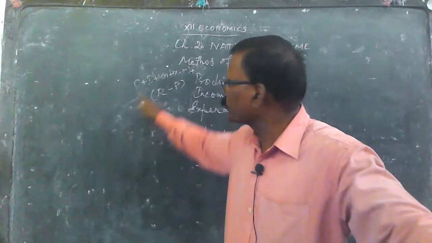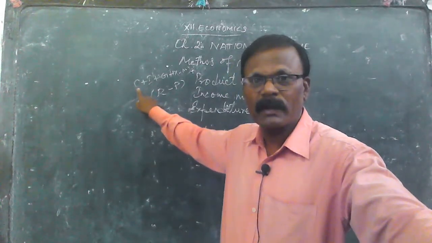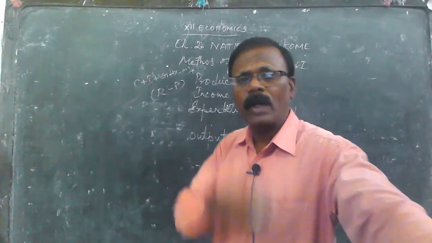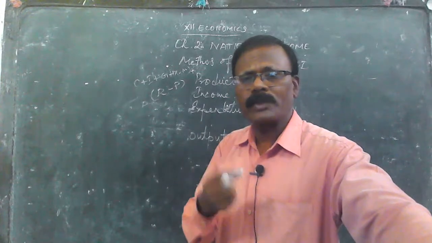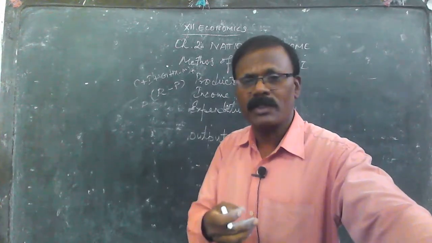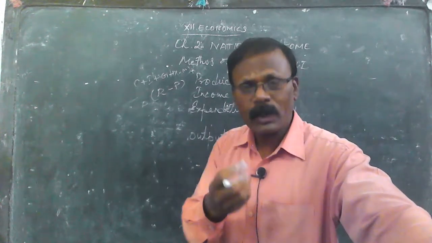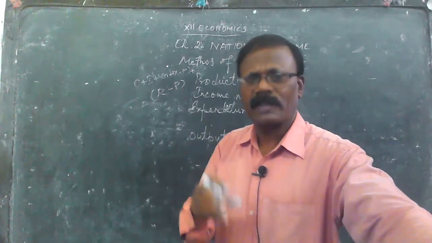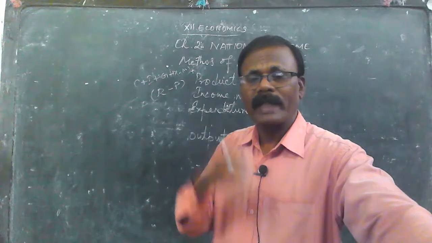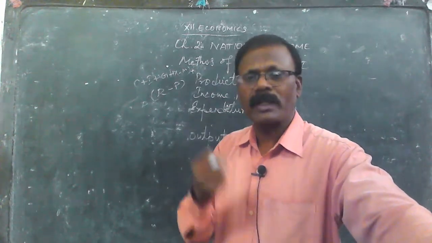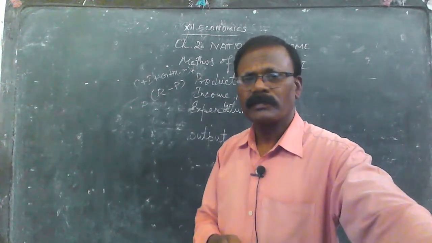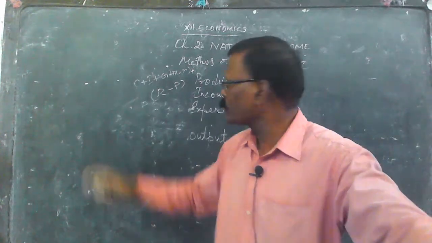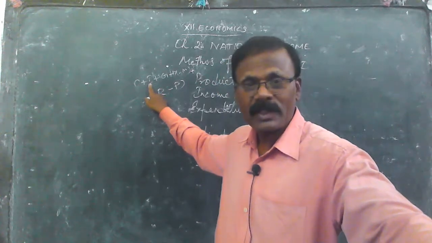That is known as C, consumption. The next is the gross domestic investment in capital goods, consisting of fixed capital and residential construction. This investment flow is known as investment, that is I.